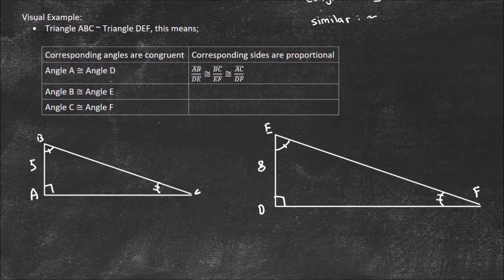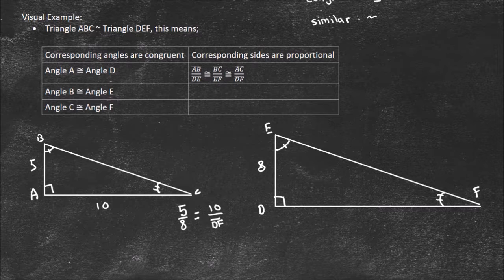So what it's saying is that 5 divided by 8, because that's AB divided by DE, 5 over 8 has to equal whatever the length of AC is divided by the length of DF. So let's say we knew the length of AC was 10. 10 divided by the length of DF.